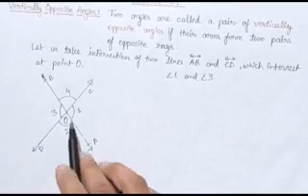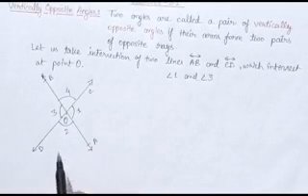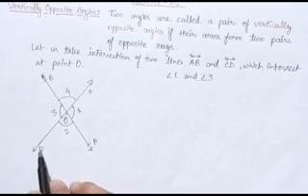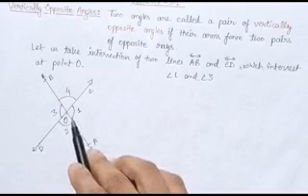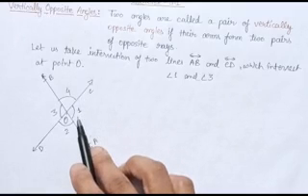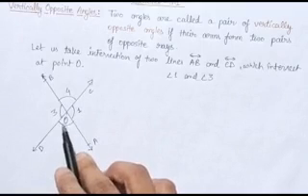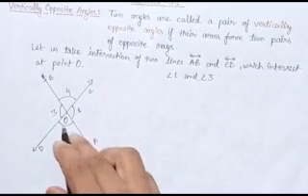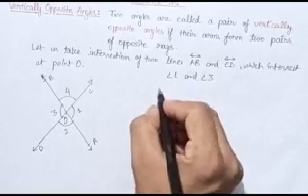So students, for angle 1, that is angle AOC, and for angle 3, that is angle DOB, you can see that the two arms OC of angle 1 and OD of angle 3 form a pair of opposite rays.